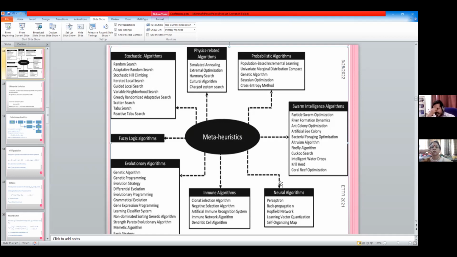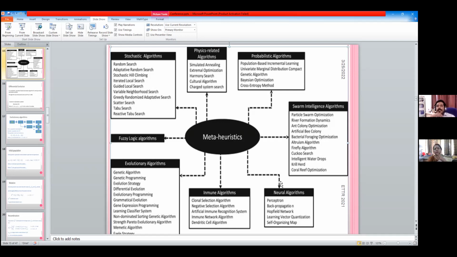In human-based algorithms you will find the harmony search algorithm, mimicking how music is developed. Next, another is the teaching learning based algorithm, which is also a very popular algorithm.